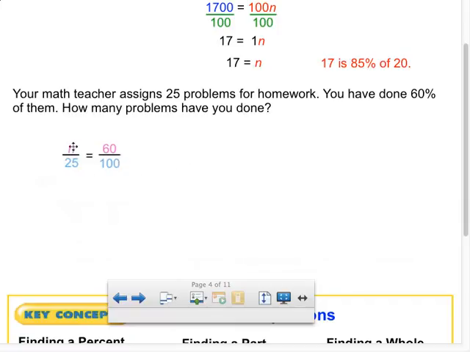This cross product right here is super easy. What's this first cross product going to be? 100 times n, right? And then can you guys get the other cross product for me? Can somebody get that and then tell me what that is?